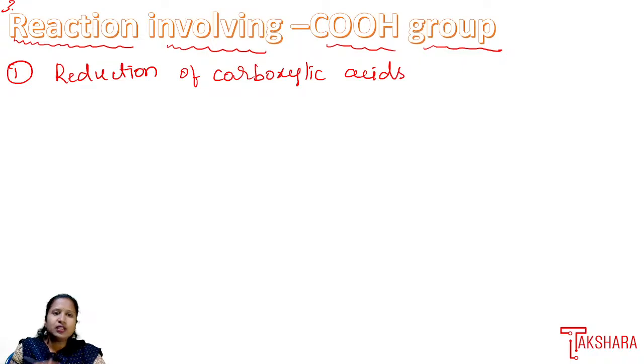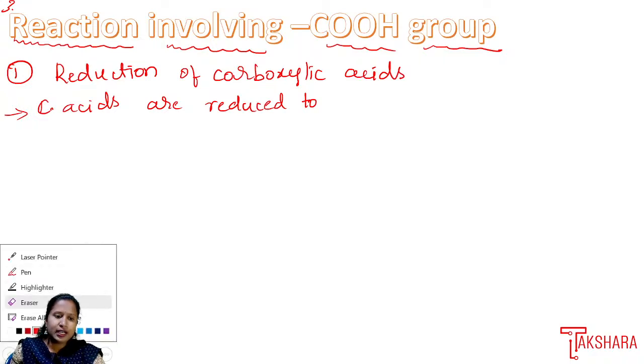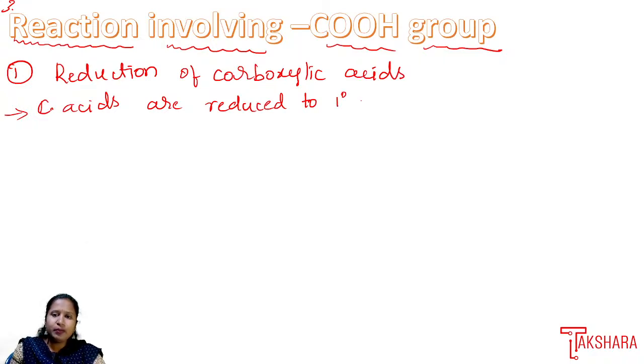So now the first method we have is reduction of carboxylic acid. Here carboxylic acids are reduced to primary alcohols. So how are they going to be reduced?